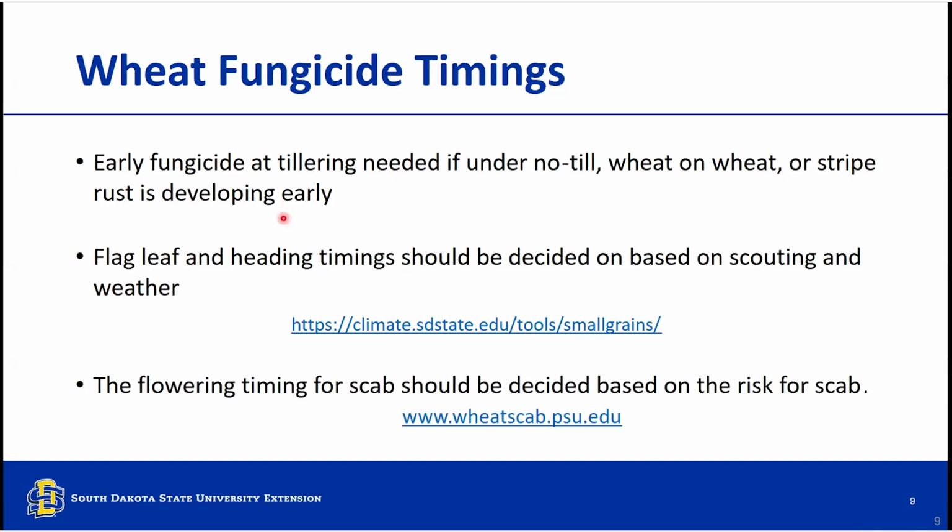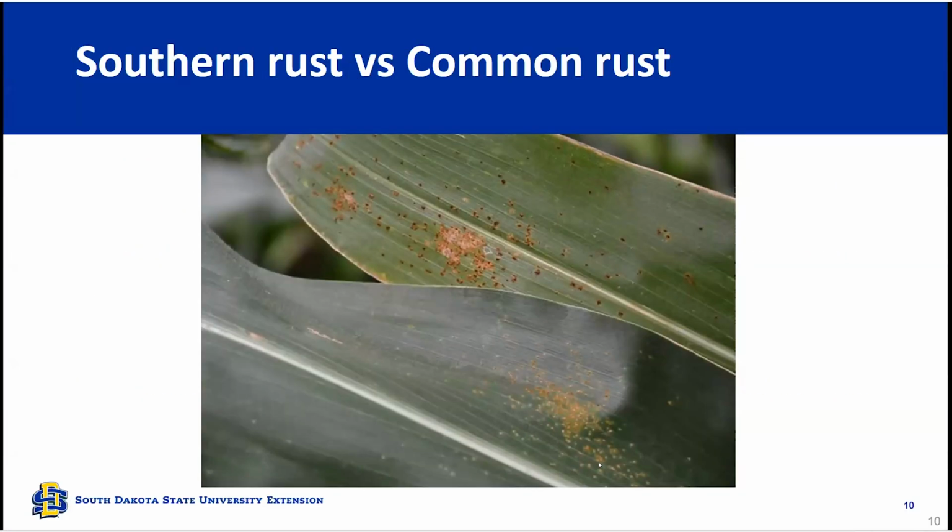The other disease, one that we feed information into, is what we call the Penn State wheat scab model, which is used to determine the risk for scab in head. So again, I encourage you to take a look at those two websites for that information if you are a wheat grower to really help with those.